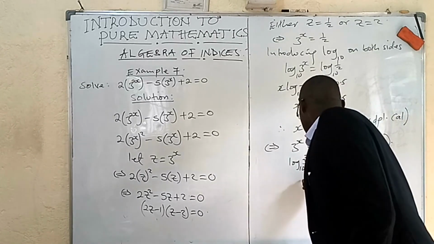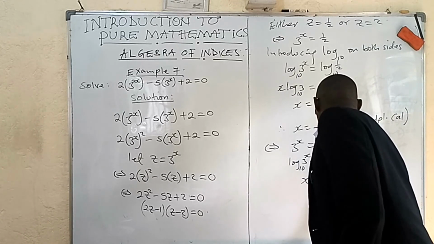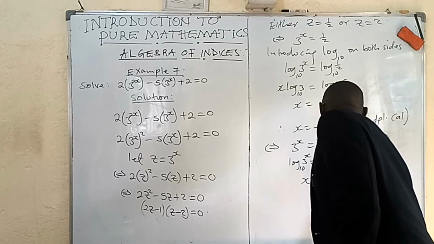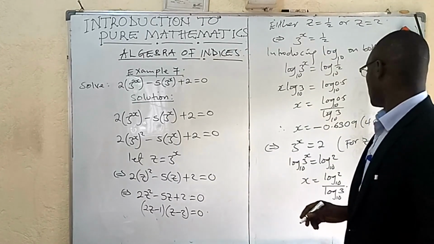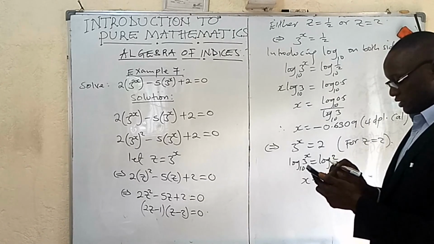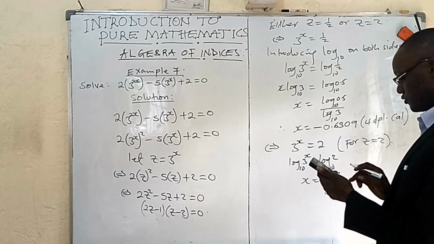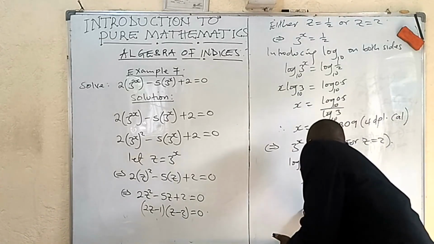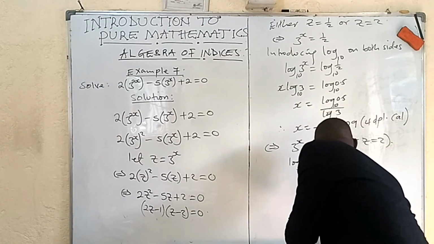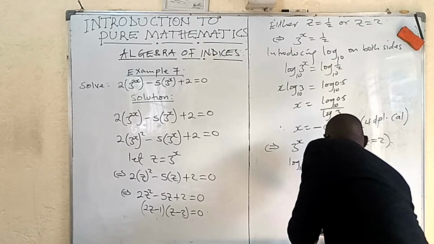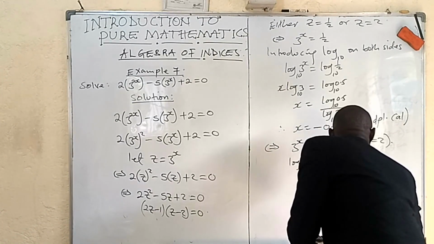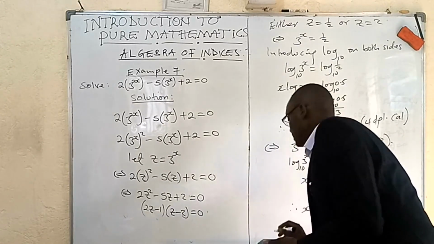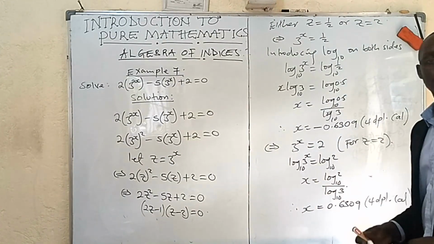X comes this side, such that x now becomes log base 10 of 2 over log base 10 of 3. So we can go and get that. So log base 10 of 2, then divide by log base 10 of 3. It is a positive value. So x is equal to positive 0.6309. This is to 4 places of decimal by use of a calculator. So therefore, this is our solution.